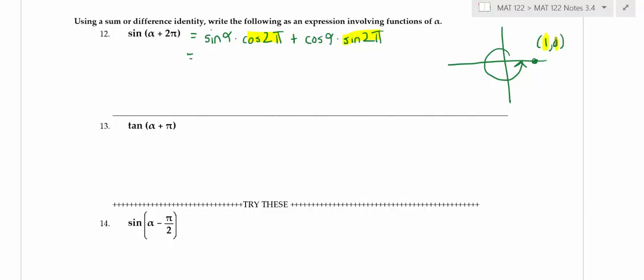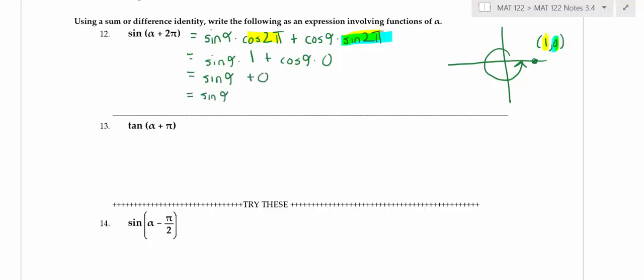So you just put those things in, and then we see what happens here. Okay. So what we're going to get then is sine of alpha, cosine of 2 pi is 1, cosine of alpha, sine of 2 pi is 0. So you end up with sine alpha times 1, which is itself, plus 0. So that's equal to the sine of alpha.